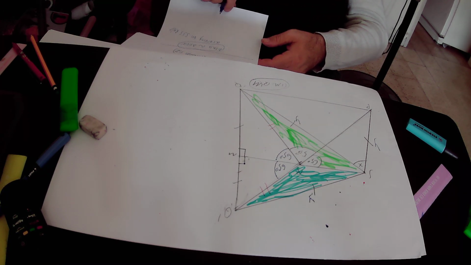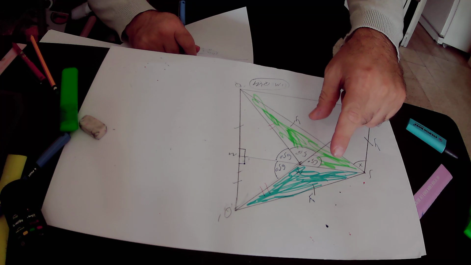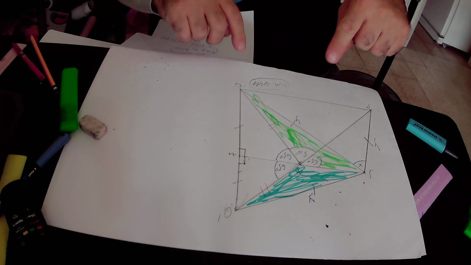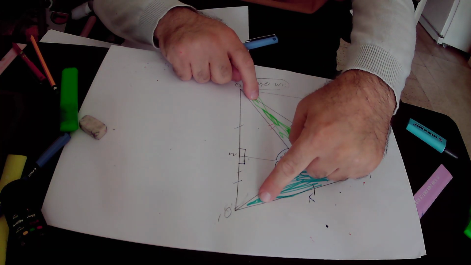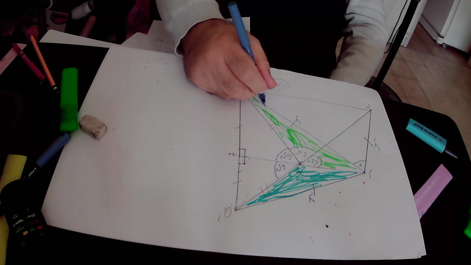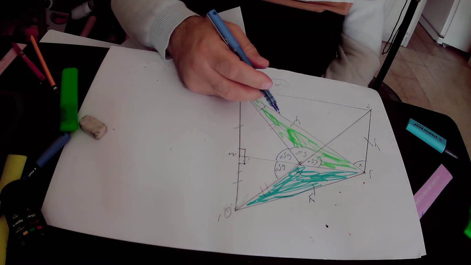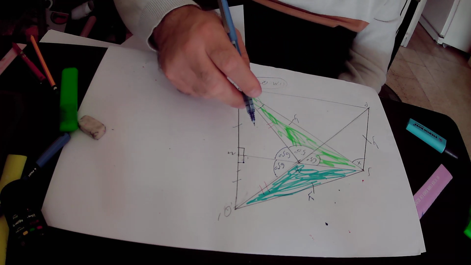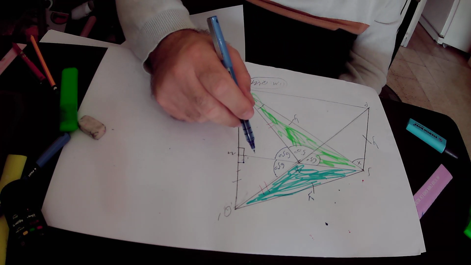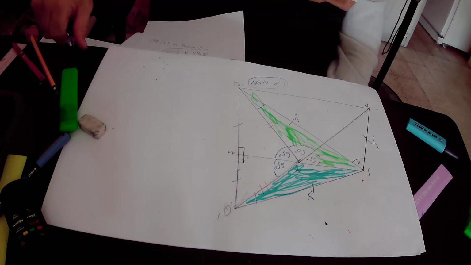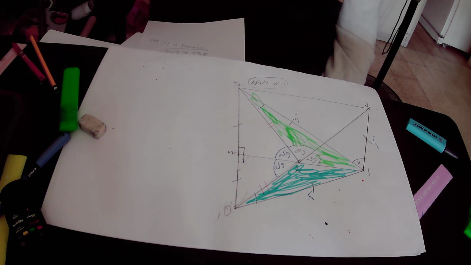And from the fact that the green triangle is congruent to the blue triangle, we can conclude that those two angles are equal to each other: angle RQS is equal to angle RQ dash S. I'll write it down.